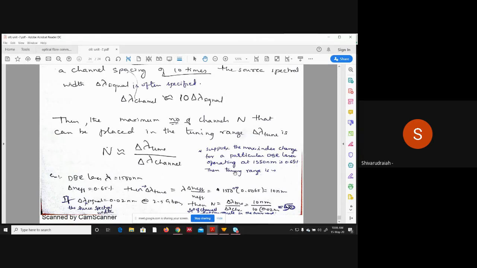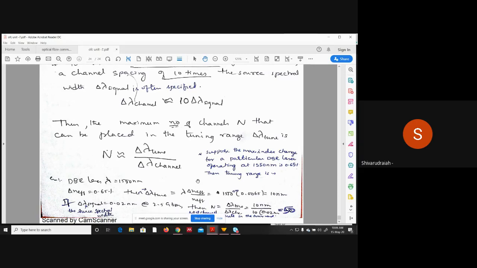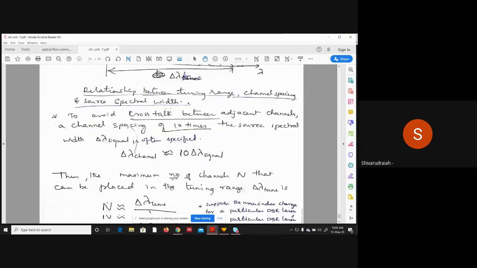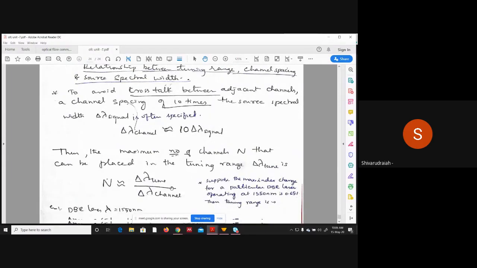So what is the tuning range? Delta lambda tune divided by lambda is equal to delta n effective by n effective. That is the equation that we have heard here. This equation is used to get the value of delta lambda tune, because lambda is known as 1550 and delta n effective by n effective is given as 0.65%, right?